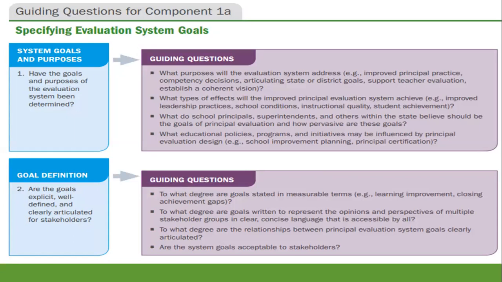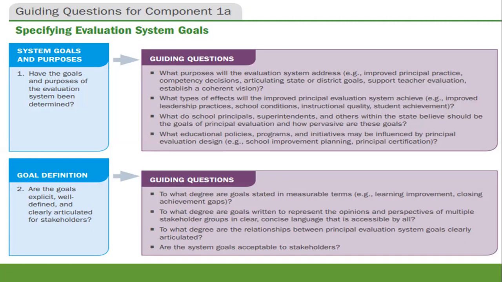As you can see: have the goals and purposes of the evaluation system been determined? To see the answer, to see what the guidelines are, an evaluator who wants to see whether the system's goals and purposes are determined or not will look for the answers to these 4 questions. If they exist, he can say that the goals and purposes of the system are determined. Otherwise, no. Let's discuss what these guiding questions are.